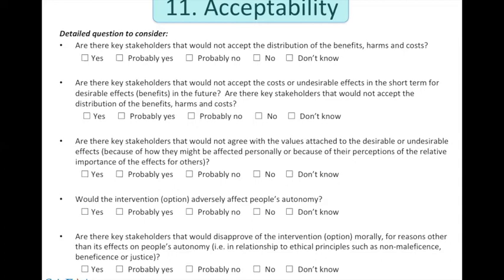So that has to be explored every time you apply this in a real clinical work setting. Does the intervention option adversely affect people's autonomy? 5-point scale there. That would have to be discussed, probably under revisiting the equity concerns here. And then finally, are there key stakeholders that would disapprove of the intervention morally for other reasons other than autonomy? So non-maleficence, beneficence, justice. And again, your patient stakeholders will give you their lived experiences to talk about these things to a certain degree.